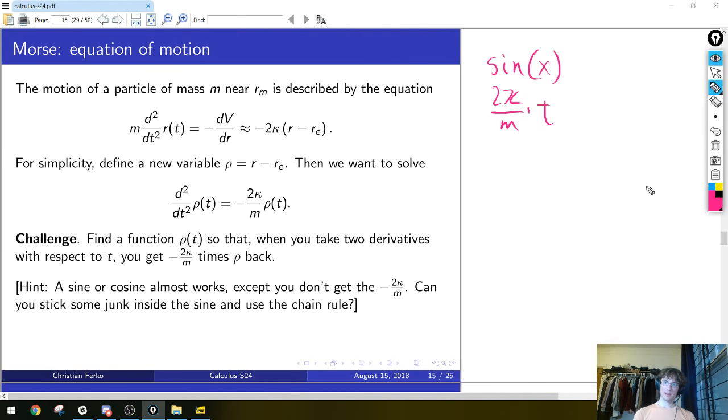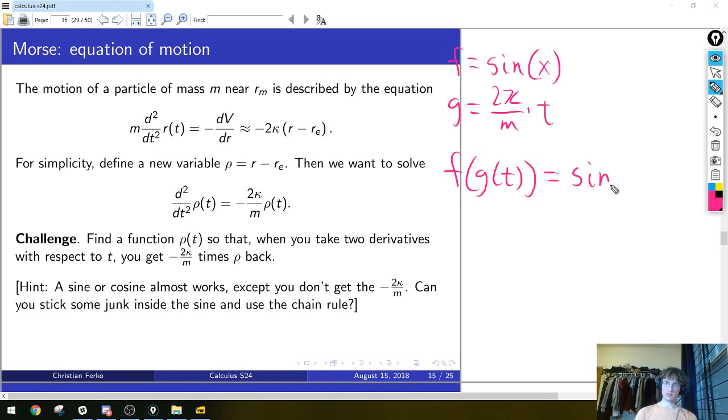So one strategy could be to compose these in the order, well, maybe I should give them names. If this is f and this is g, one strategy is to compose them in the order f of g of t, because as you say, when we take the chain rule, this will multiply by g prime, which is what we want.